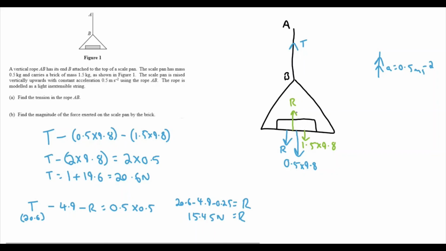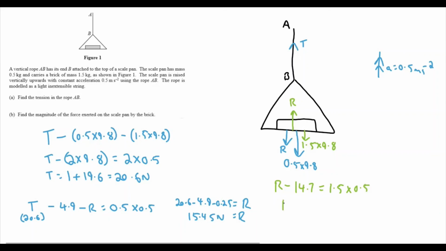Now, because these reactive forces are equal to each other, you would have been just as able to work out what the reaction force on the brick would have been. And then again, you just say that it's the same magnitude. If we just want to check that though, because the brick is moving upwards, this R is now the upward force, and you're going to minus this resistance here of 14.7, so the 1.5 times 9.8, and that will give you the mass times acceleration of 1.5 times 0.5.